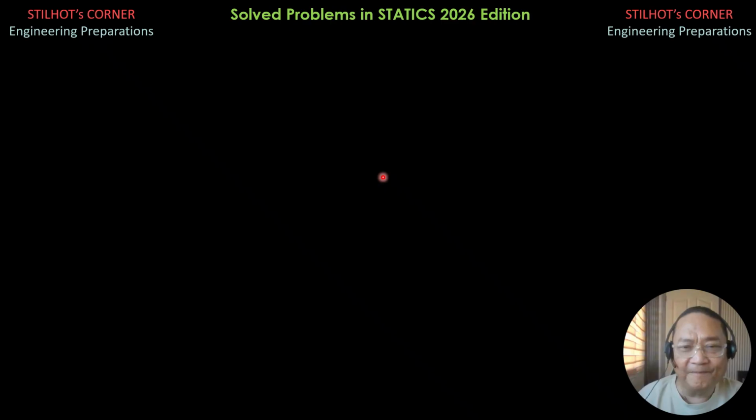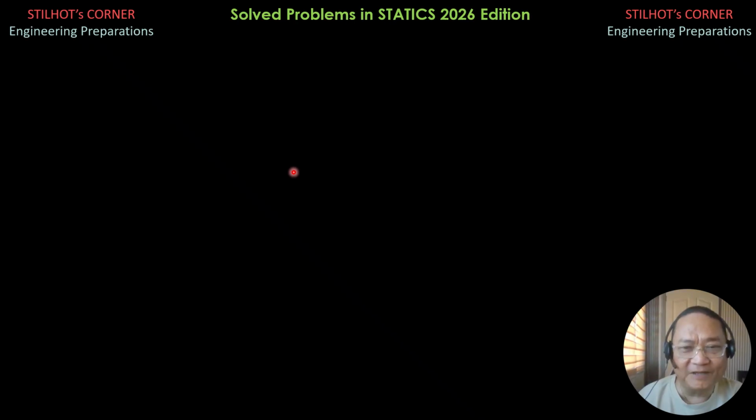Then from there, we can also find the perpendicular distance between two lines, and we just interpret it as the moment of the component of the force perpendicular to the axis and the axis.